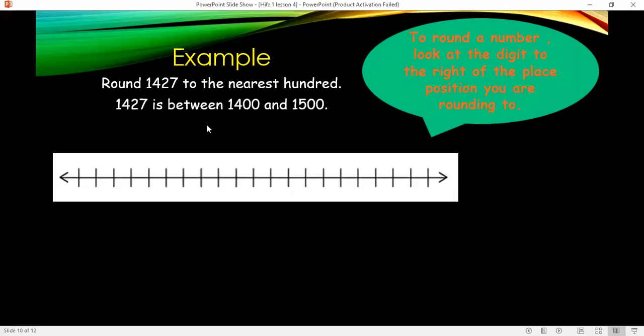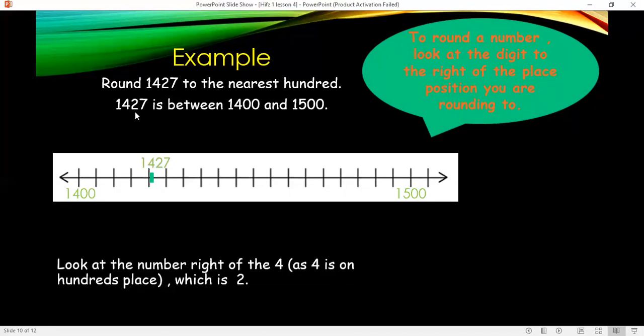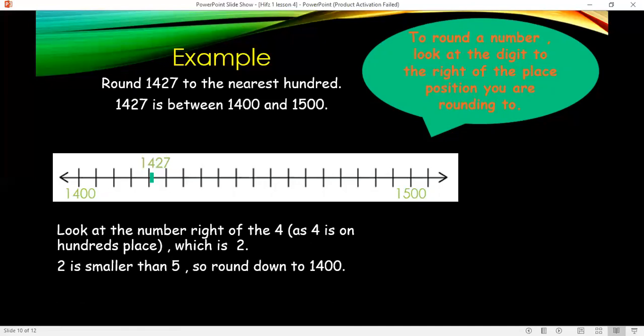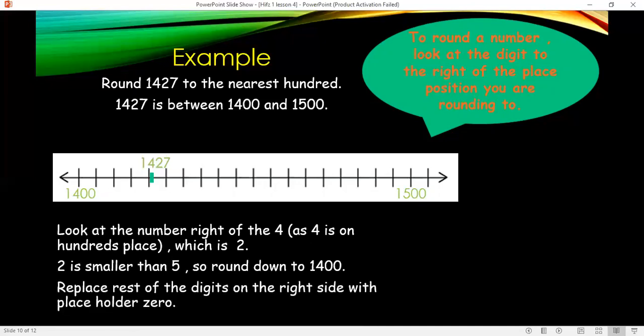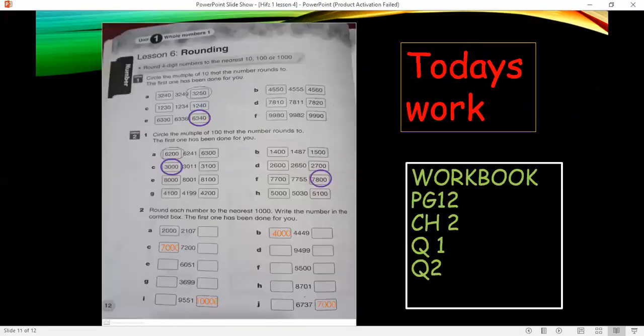It lies between 1,400 and 1,500. So where will it go? It's closer to 1,400. So we will round it down because this 2 is smaller than 5. We will round down to 1,400 and replace the rest of the digits on the right side with placeholder 0.